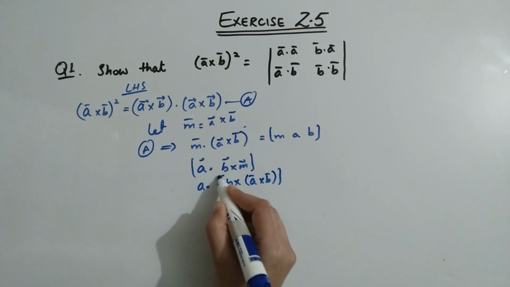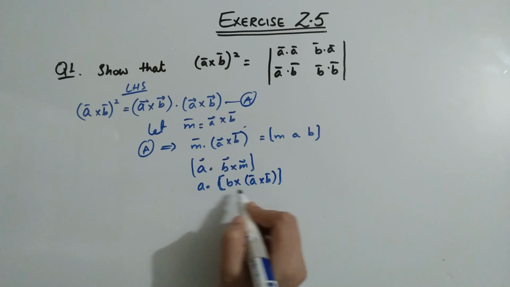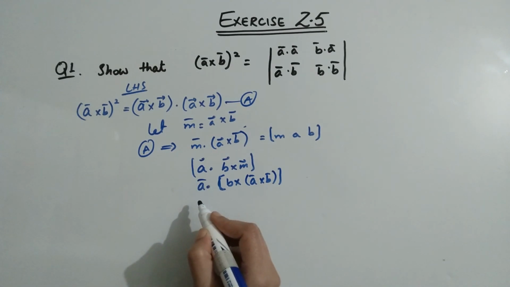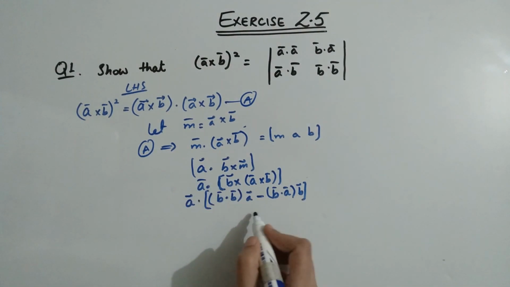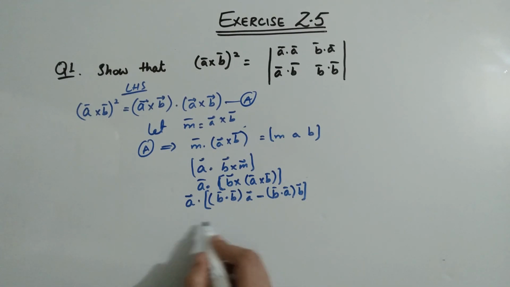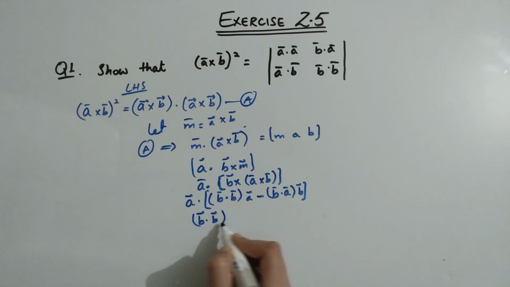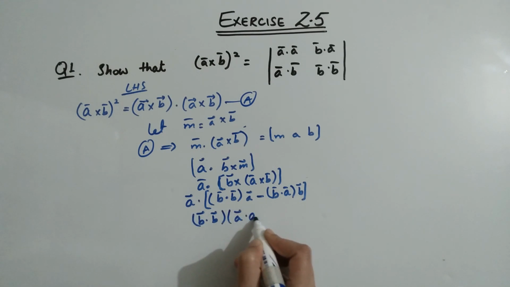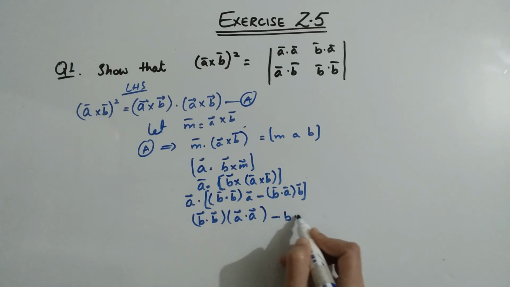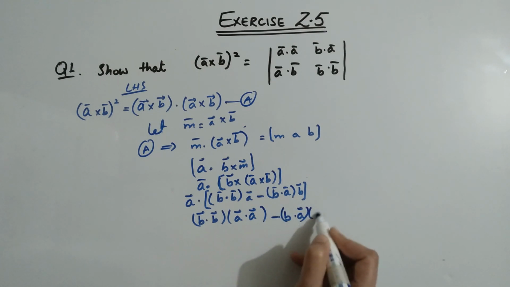Now applying the formula of vector triple product here, that is (b dot b) a vector minus (b dot a) b vector. Now multiplying it with this, you can get (b dot b)(a dot a) minus (b dot a)(a dot b).